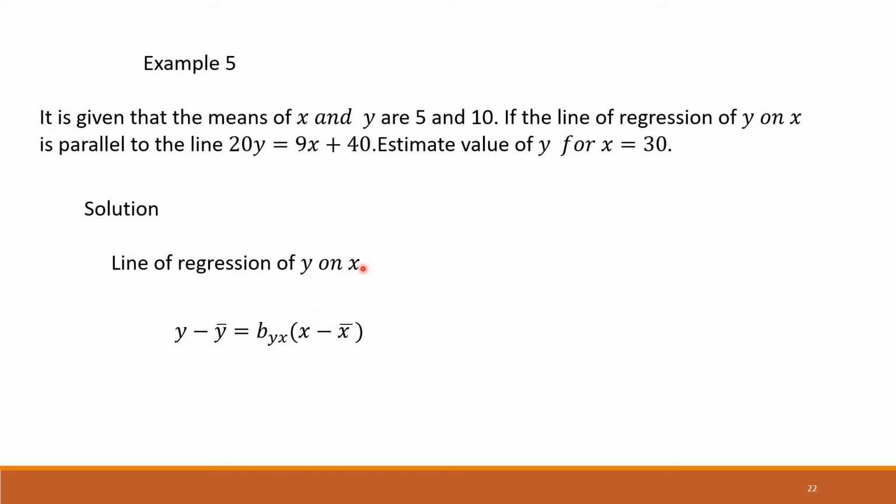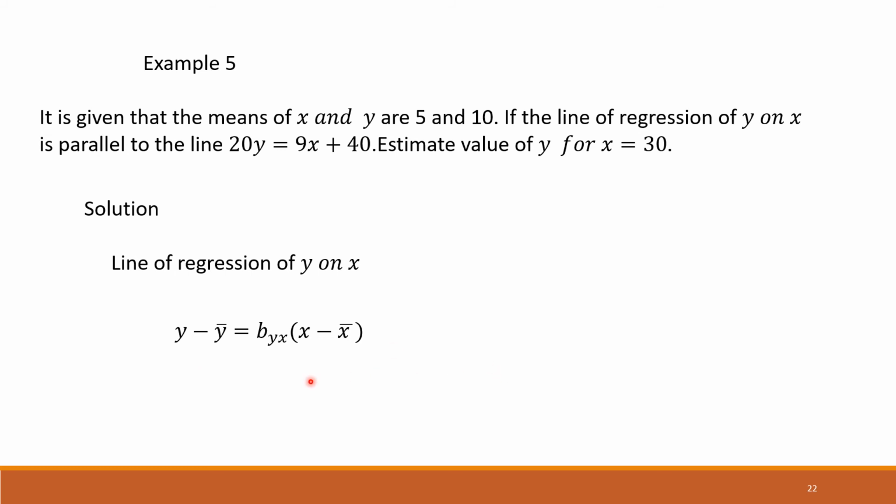For that, we are given that the line of regression of y on x is parallel to the line. We know that if two lines are parallel, then the slopes are equal. When you have y is equal to mx plus c, the coefficient of x is called the slope.